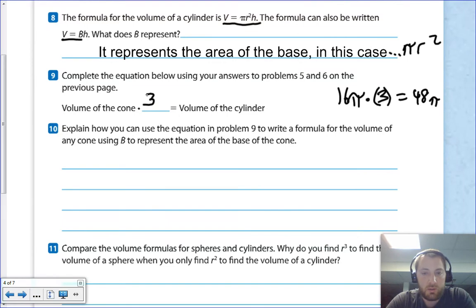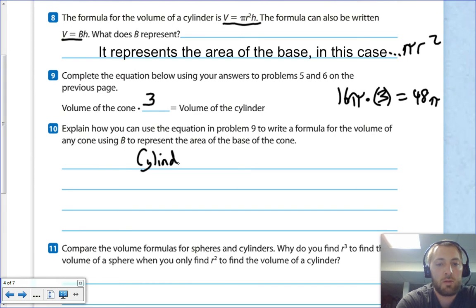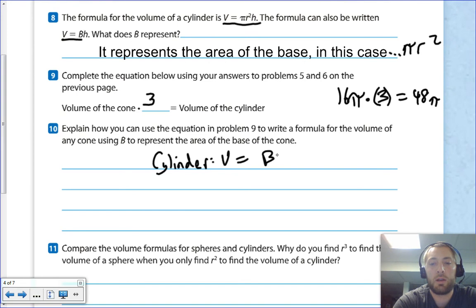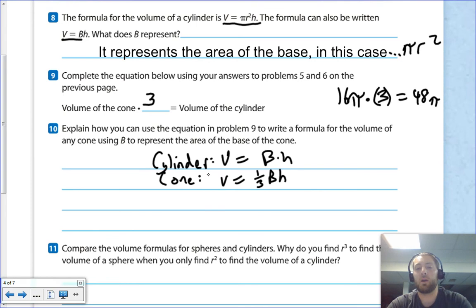Well, since we said cylinder volume equals big B times h, that would mean that cone volume is 1/3 big B times h. Okay, again, a review there. We're just showing that in general it's going to be 1/3 the size.